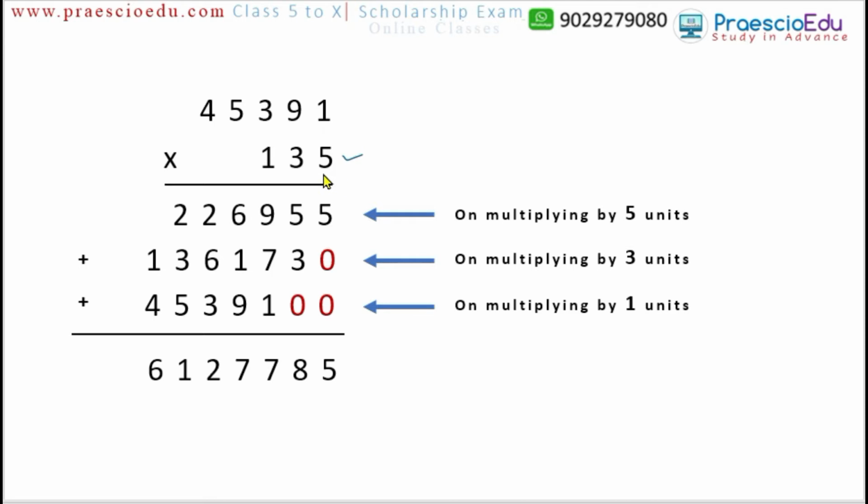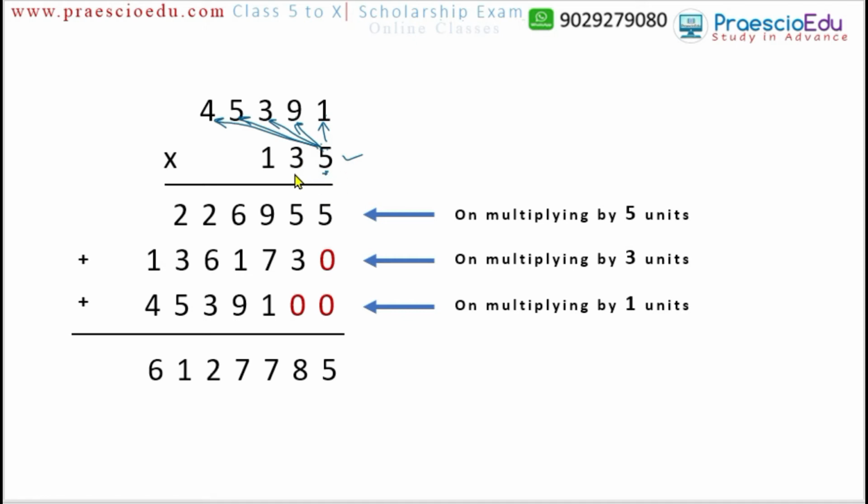First we will concentrate on the unit place digit of the multiplier, which is 5. We multiply 5 by every digit of the multiplicand: the unit place, then the tens place, the hundreds place, and so on. Every place digit we will multiply with this unit digit.